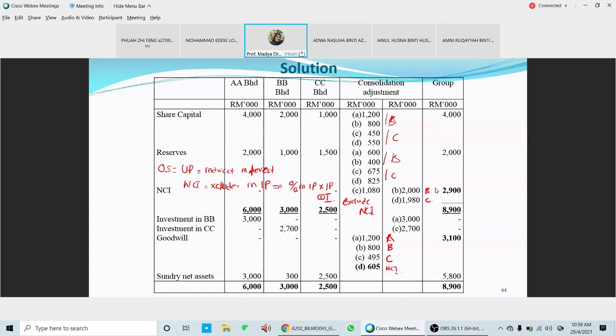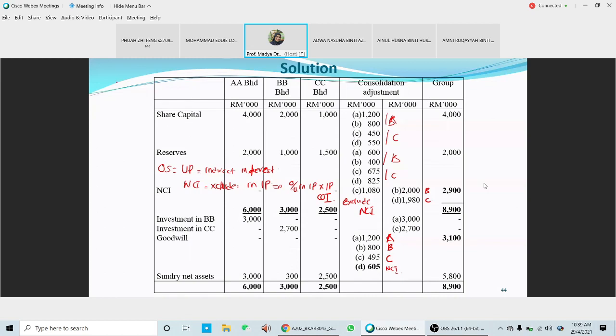But most of the time we are using the one stage method, because that one is a shortcut method. The step by step method is a bit difficult when you have more subsidiaries. We need to start with the lower tier and repeat the same step until we reach the ultimate parent. The one stage method here is simple, but we have to remember these two things.